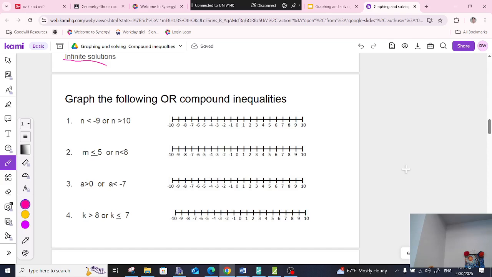Yes, you just go all the way through. These are all ors. We haven't got to the and yet. So it's going to be one line that just goes this way, because it's everything.